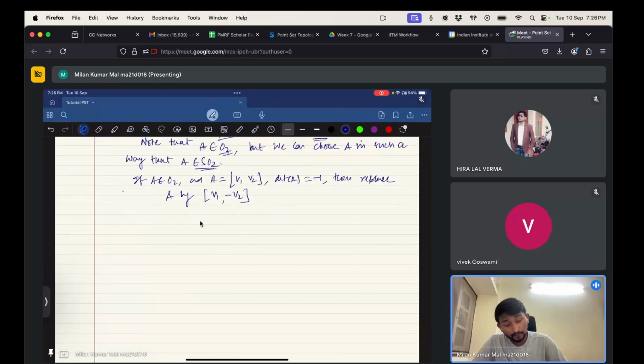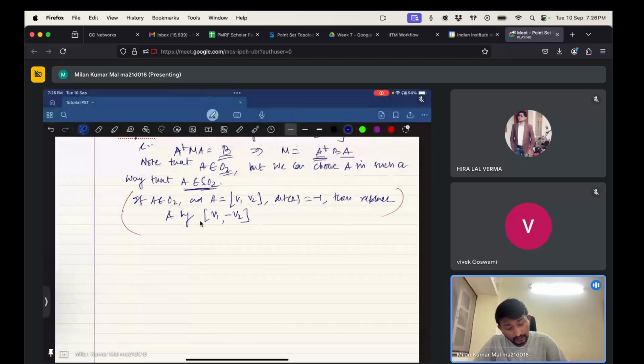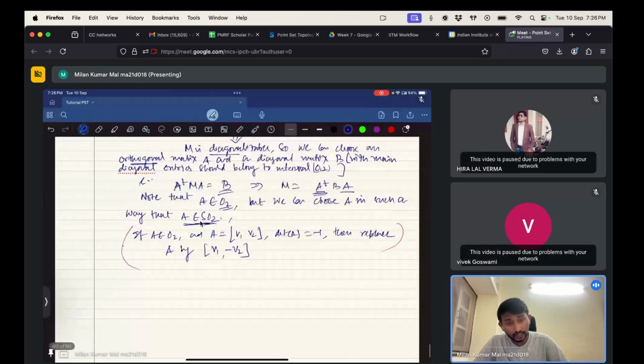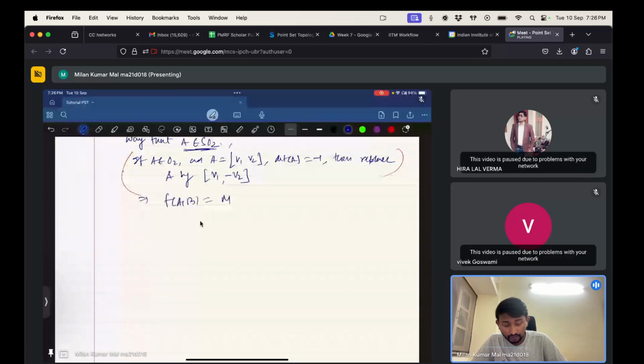So what we have proved here is that there exist A and B, where A is in SO2 and B has eigenvalues in the interval 0 to 2, such that f of A comma B is equal to M. That means f is surjective.